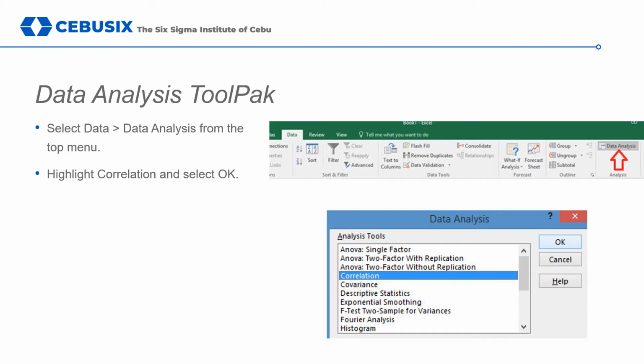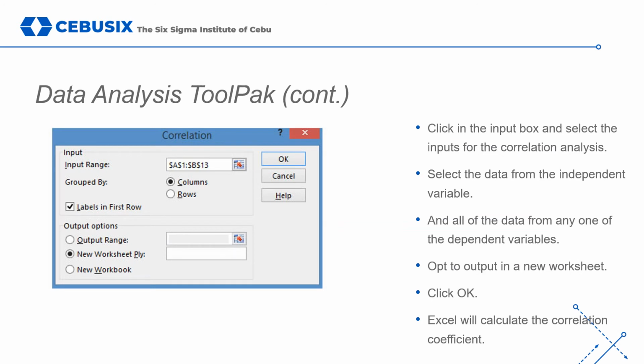A new dialog will then pop up, allowing you to choose the data and options for your correlation analysis. Simply click on the input box and select the inputs for the correlation analysis. Select the data from both the time and temperature B columns. Select the option indicating that your data is grouped by columns.